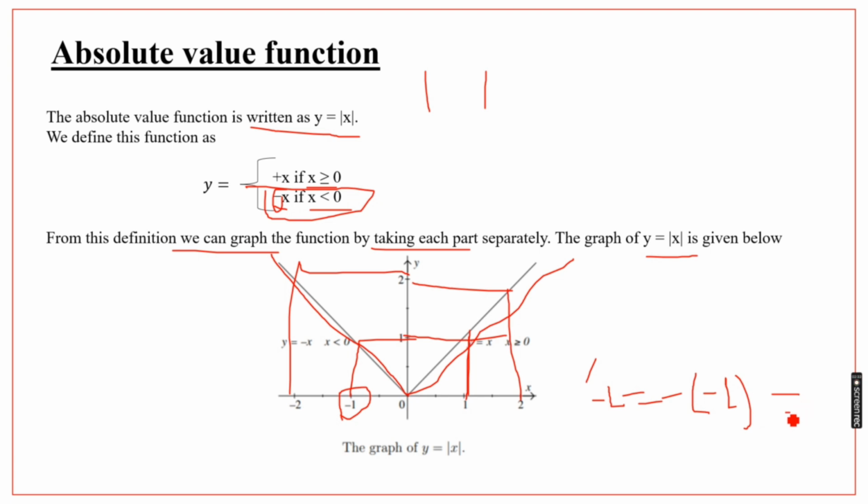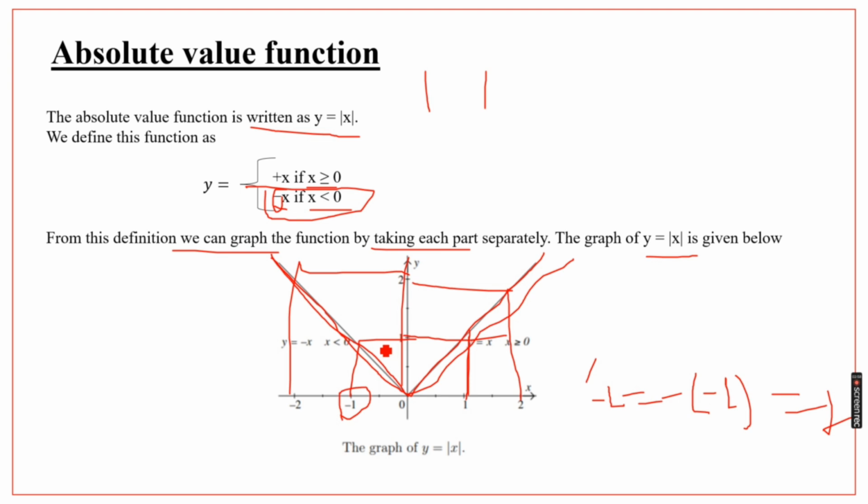The graph of y equals the absolute value of x, which means if x is negative, the value will be multiplied by negative 1, negative times negative 1.